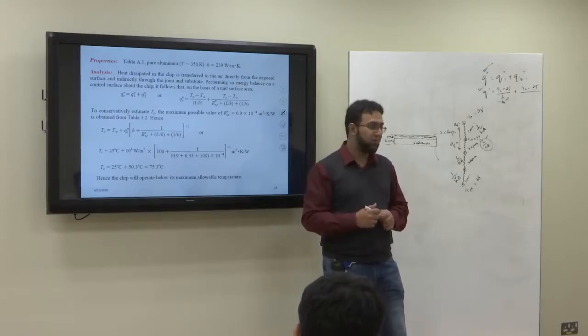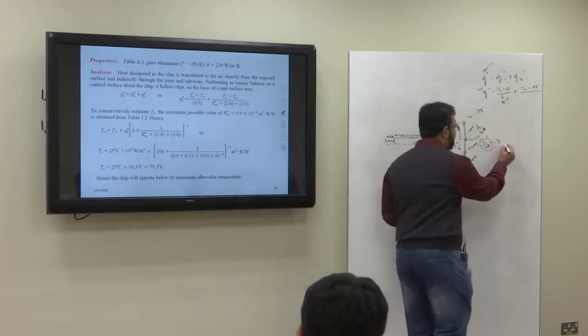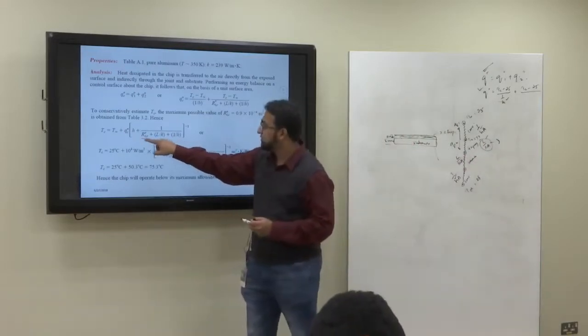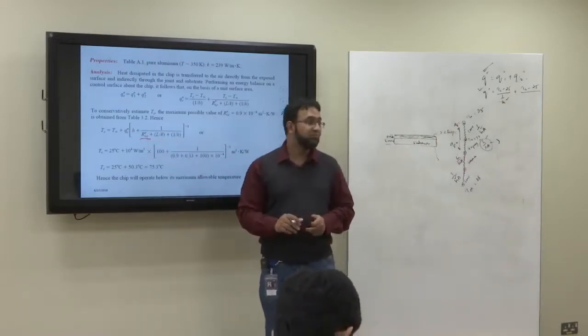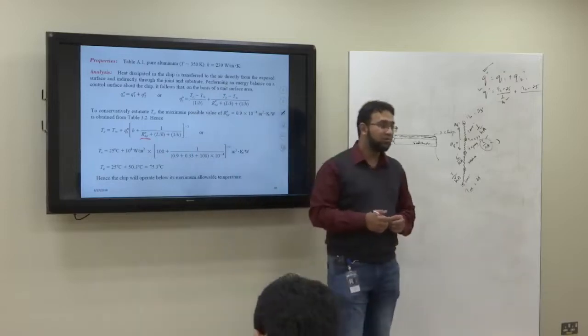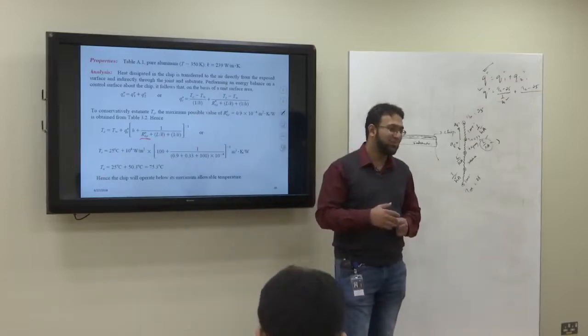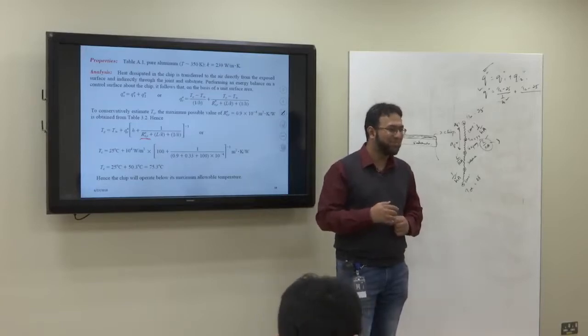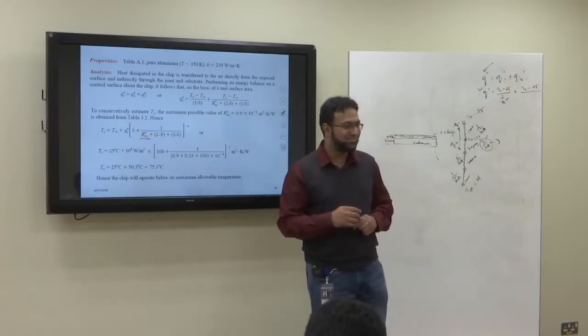Table 3.2 provides directly the value of resistance. The table will be there with you in the book of tables.